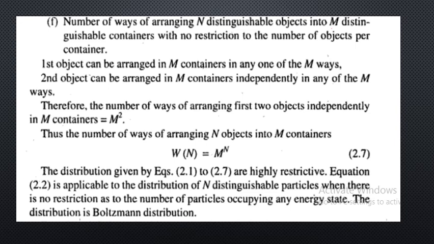Therefore, the number of ways of arranging the first two objects independently in m containers is m raised to the power 2. Thus, the number of ways of arranging n objects into m containers will be m raised to the power n. So, the distributions given by all these equations are highly restrictive.